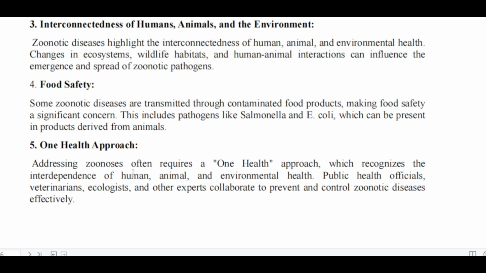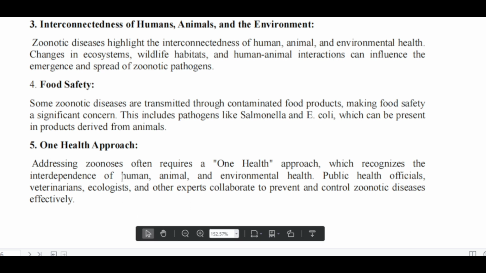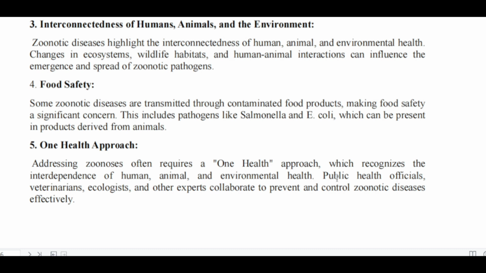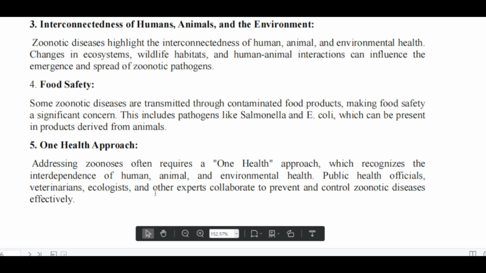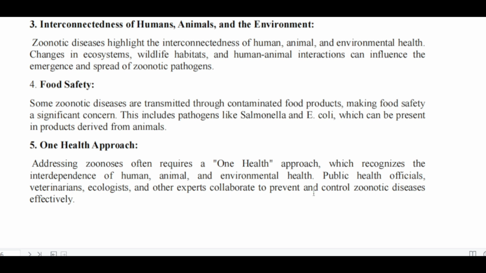Then another significance is the One Health approach. Addressing zoonoses often requires a One Health approach, which recognizes the interdependence of human, animal, and environmental health. Public health officials, veterinarians, ecologists, and other experts collaborate to prevent and control zoonotic diseases effectively, because if one is doing his job and the other is not, you cannot contain the disease.